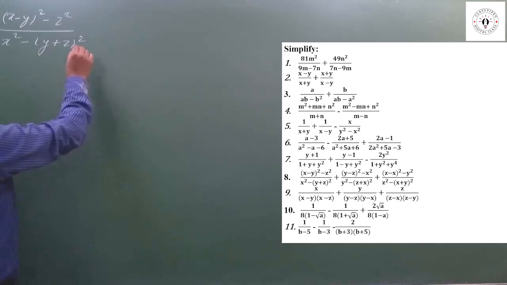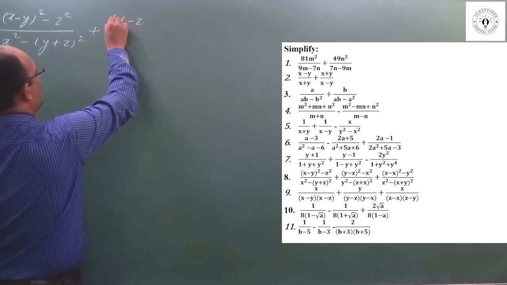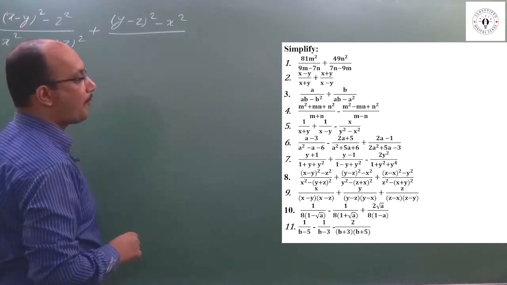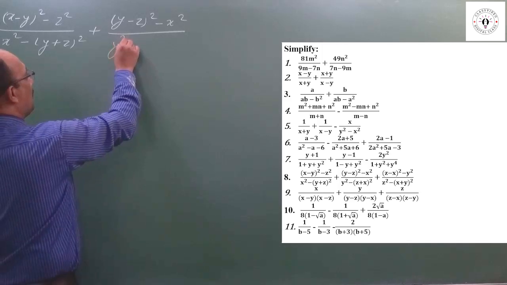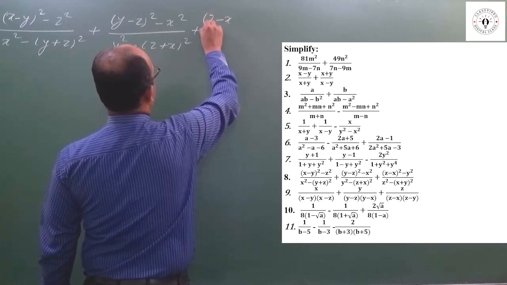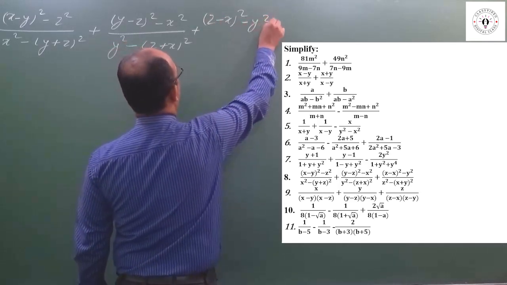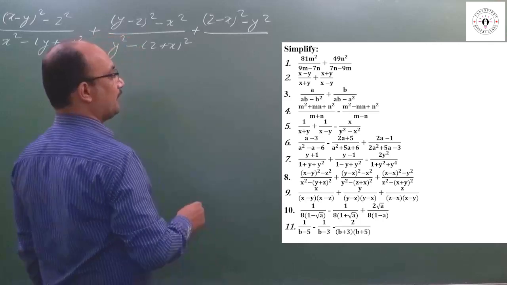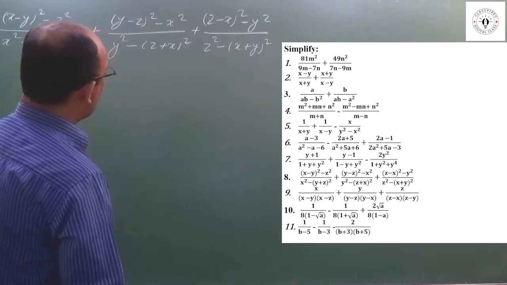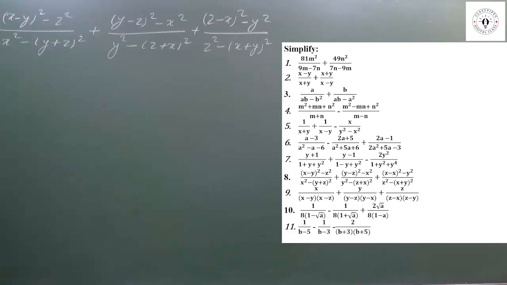Similarly, the second fraction is (y minus z) whole square minus x square upon y square minus (z plus x) whole square, plus (z minus x) whole square minus y square, and the denominator is z square minus (x plus y) whole square. This is also a very important question. And how can we simplify this? To simplify this, we factorize the numerator of each fraction as well as the denominator of each fraction.